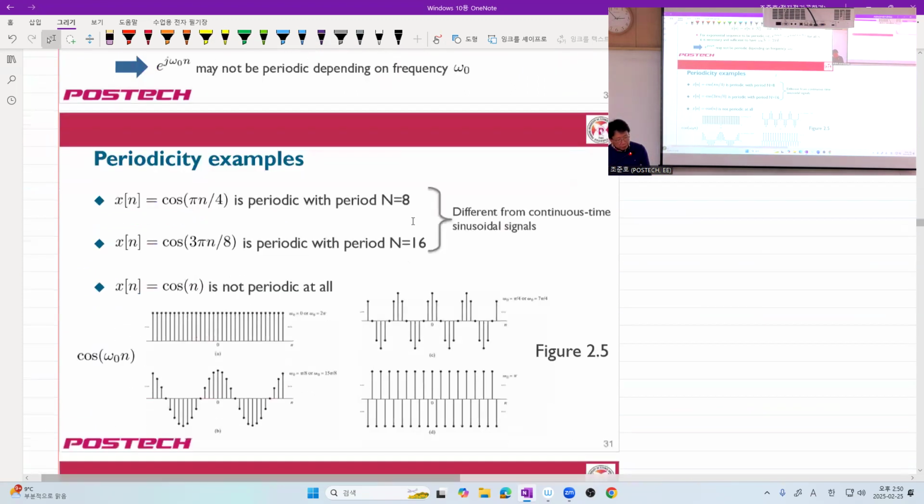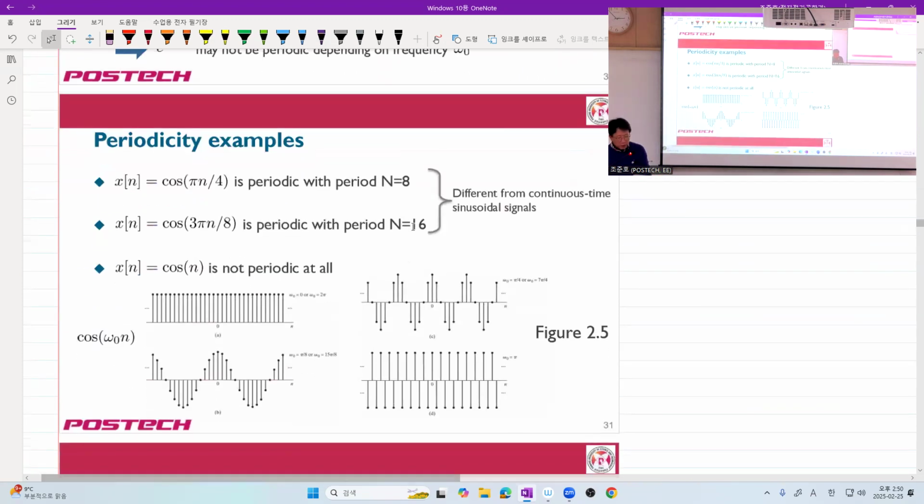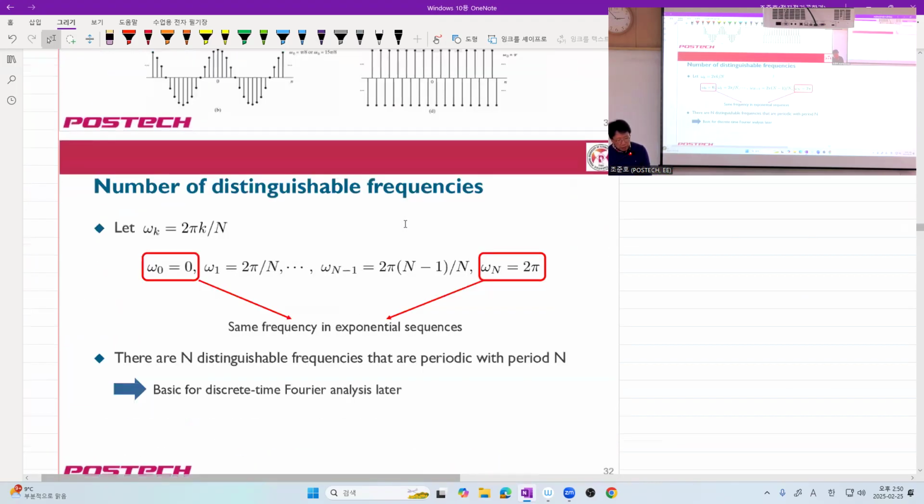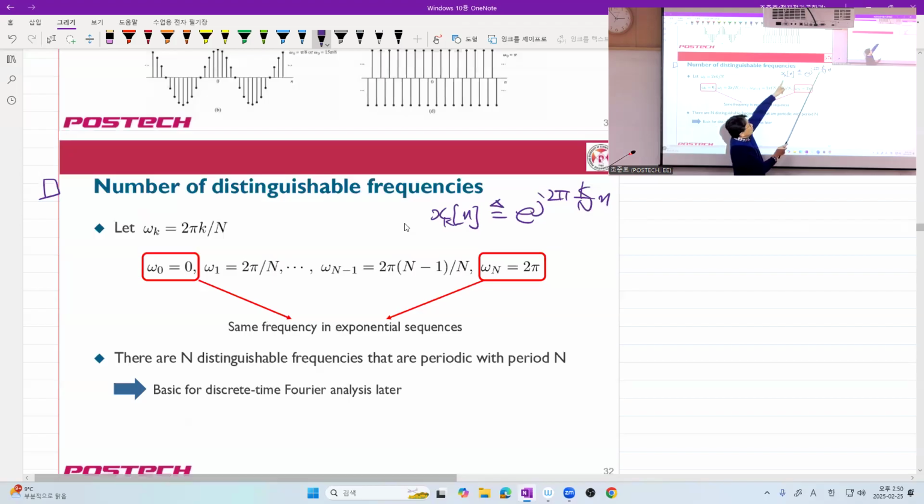Anyway. So here are some examples which are very simple and easy. And here goes something interesting. So now let's go back to the case where x sub k of n is defined this way. So we have many different, apparently different signals by changing k for any integer.